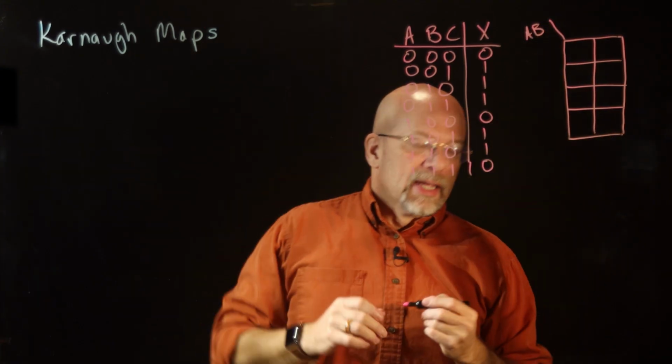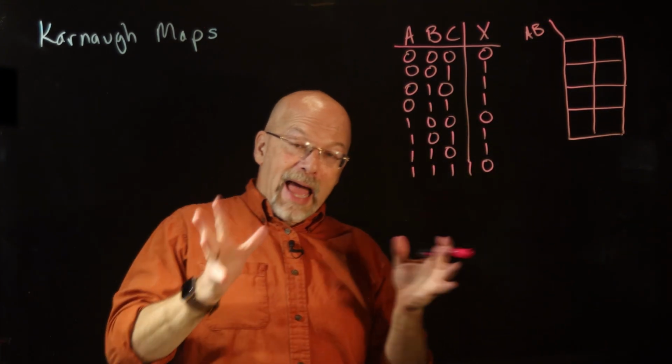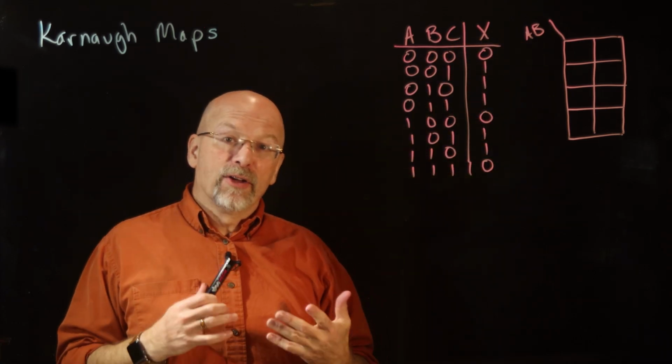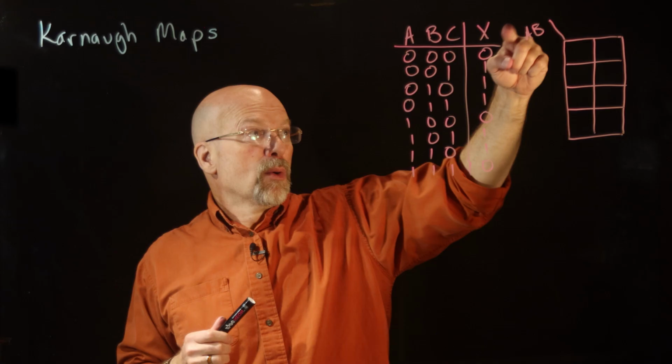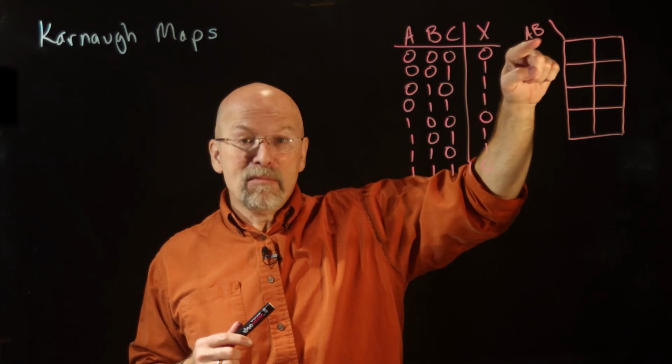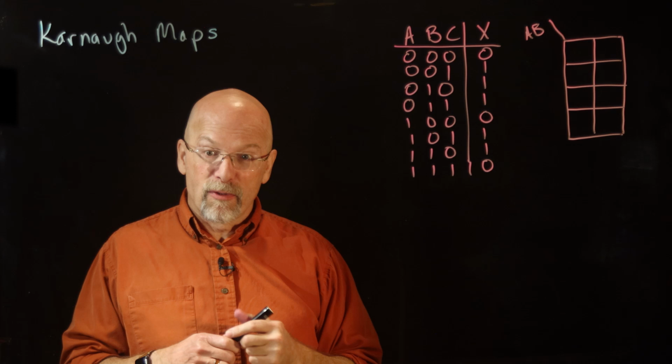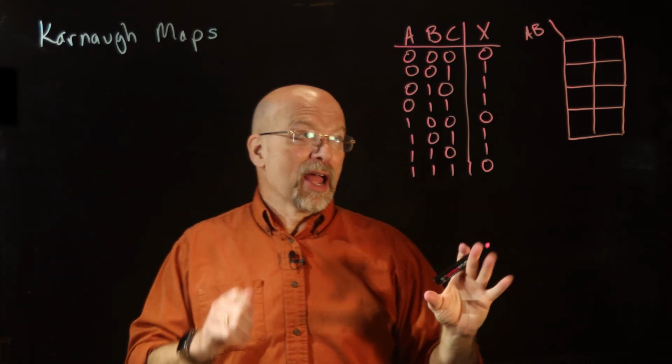Remember, from last lesson, we labeled the rows with the different values for A and B, so we just put an A and B here to distinguish each row from each other.